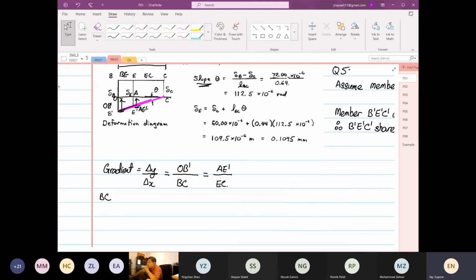So BC is equal to 0.64, and EC is equal to 0.44.